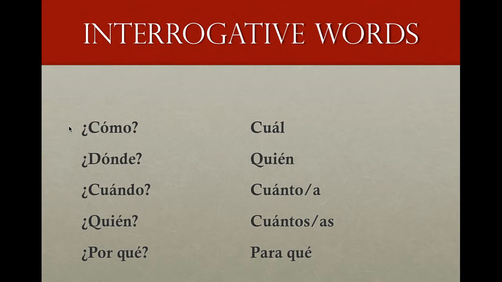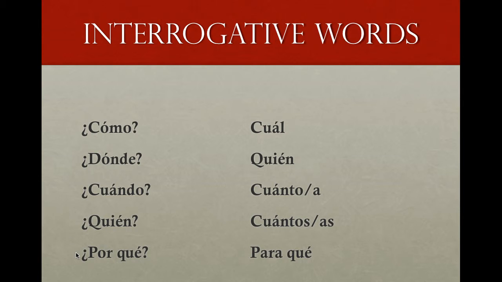We'll see this in our textbook as well if we're looking for actual translations. But cómo refers to how or what. Dónde is where. Cuándo is when. Quién is who.